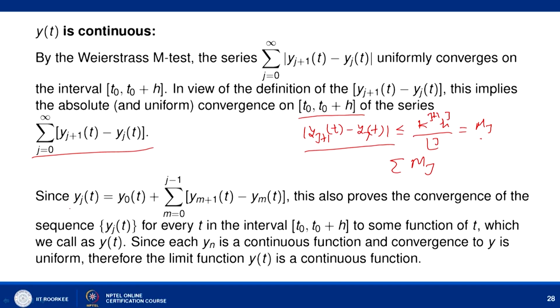Since yj t equals y naught t plus the sum over m from 0 to j minus 1 of ym plus 1 t minus ym t, this also proves the convergence of the sequence yj t for every t in the interval t naught to t naught plus h to some function of t which we call yt. Now we know that each yn is a continuous function and the convergence to y is uniform. So we can say that the limit function is also a continuous function.